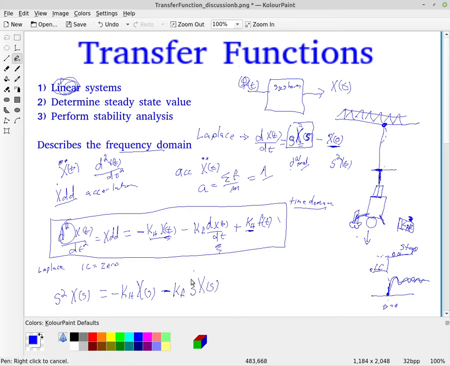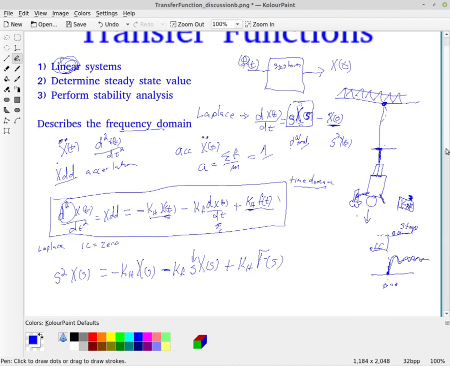Anytime you see an s in a Laplace transformation, that's telling you that it's a derivative piece. Then we have our forcing function, which we have to move into the frequency domain. I'm just multiplying that times Hooke's law again, and then we take that into the frequency domain. So that's just F of s here.